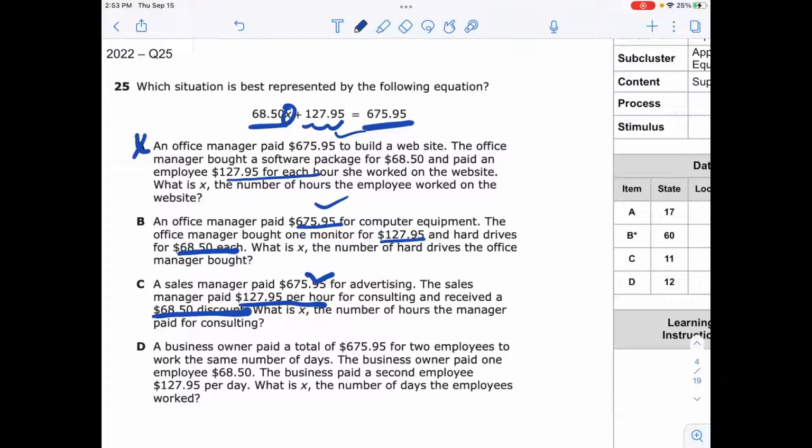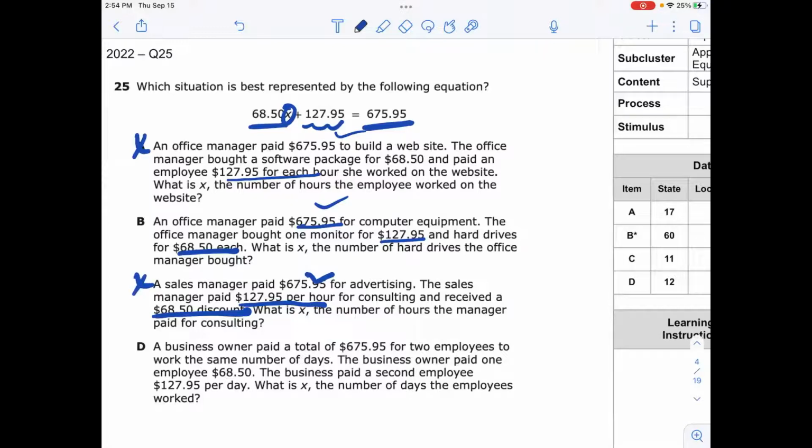So again, the total is correct. The $127.95 per hour is a dead giveaway for students that the $127.95 is supposed to be with the X if C were correct. Also, when we're receiving a discount, what happens to the money that we're paying? It's being subtracted. We're receiving a discount of $68.50. That should be minus $68.50. So C is not correct.